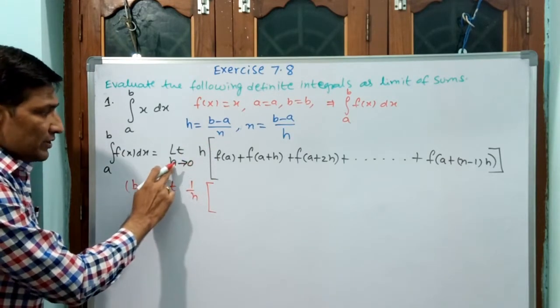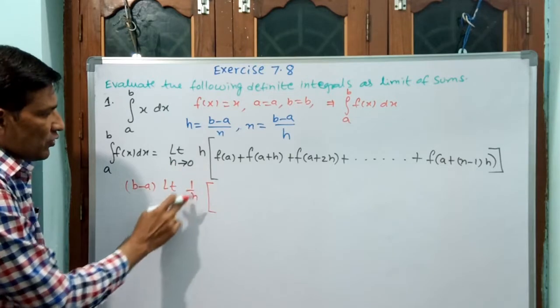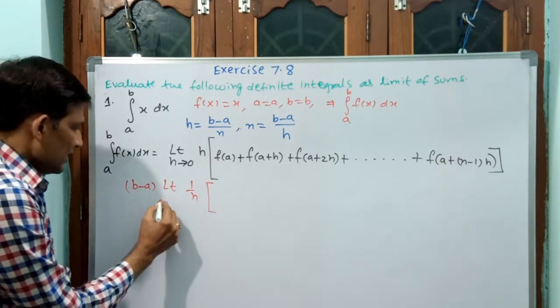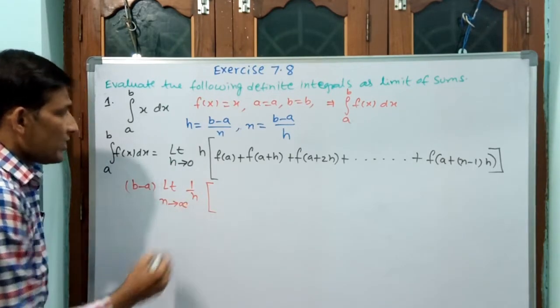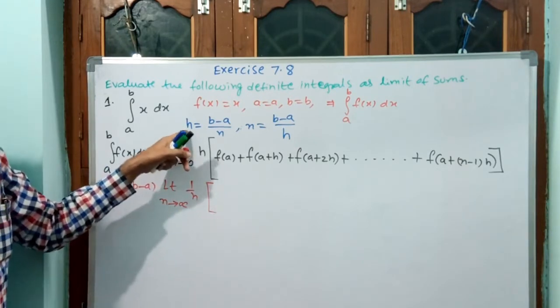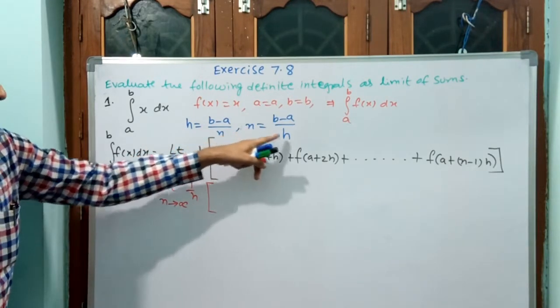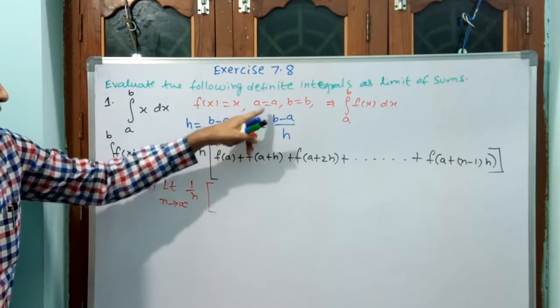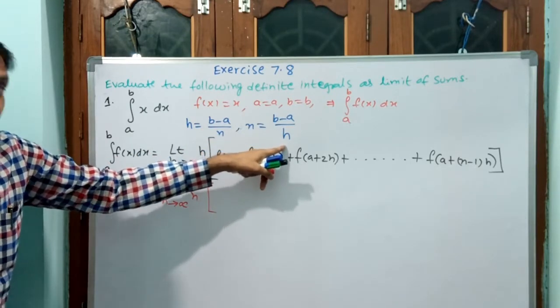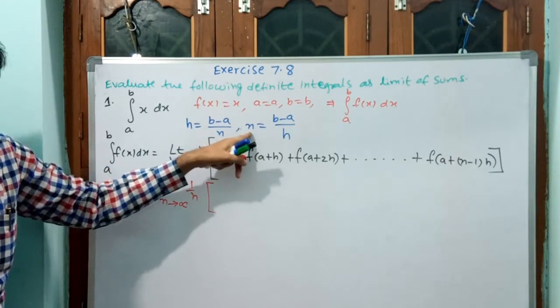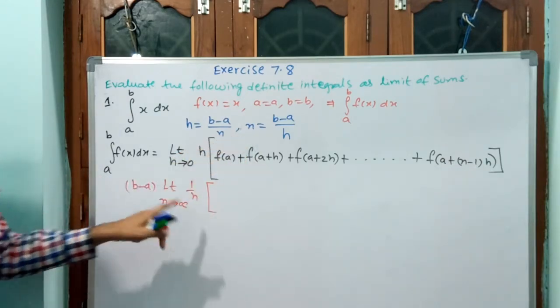When it comes in terms of h, h tends to 0. When it comes in terms of n, then n tends to infinity. Why? Because when h tends to 0, n tends to infinity. Something by n, if that tends to 0, then n is going to tend to infinity.